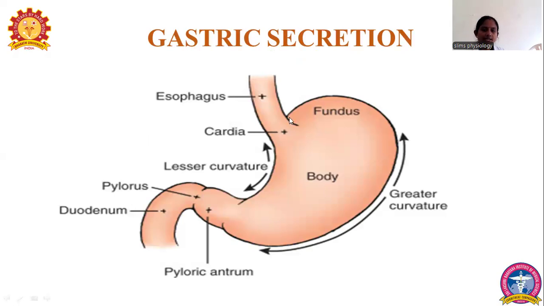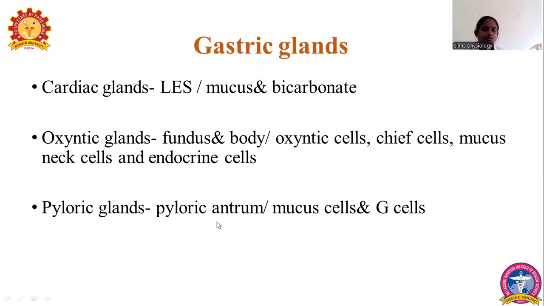This is the area where the cardiac glands are present. This is the area where we have the presence of oxyntic glands, and this is the area where we have the presence of pyloric glands. To know the function, you can always correlate with the location. The cardiac glands, if you see, their main function is to secrete mucus, which is rich in bicarbonate.